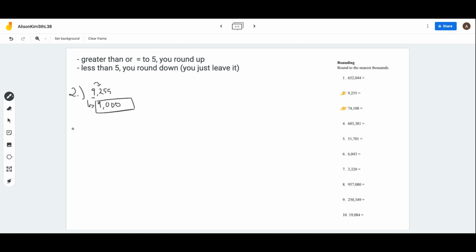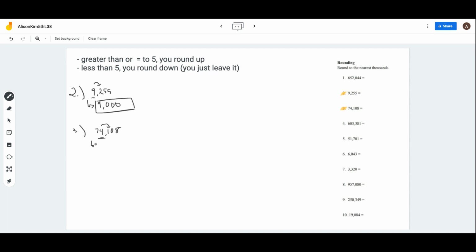Let's look at number 3 for another example, which gives us 74,108. When we're going from right to left, the 4 is in the 4th place, so it's going to be the thousands. And we want to round to the 4, so we're going to look at the number behind it, which is 1. And once again, 1 is less than 5, so we're going to round down, which means that we're just going to leave 4 as it is.